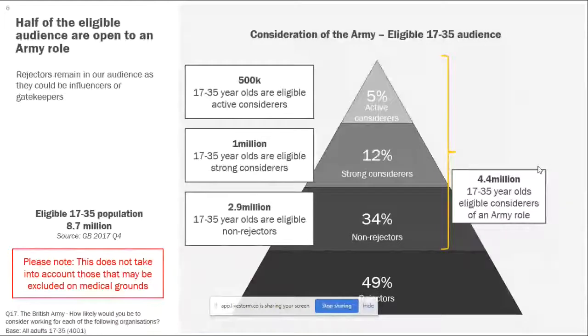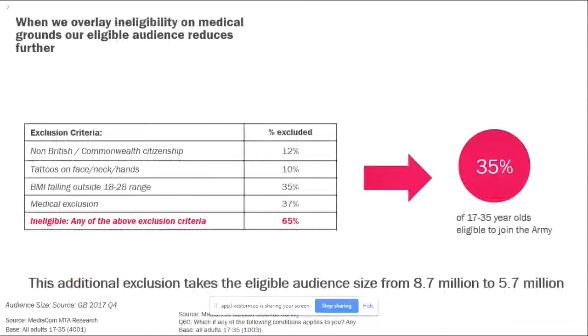Now, that seems like quite a lot of people to go out and target, but then we overlay some of the eligibility that the army have into that, and it starts to take those numbers a bit lower. One of the main issues is the medical exclusions that the army have. You can't join the army if you've got things like heart conditions, because you have to be physically fit.